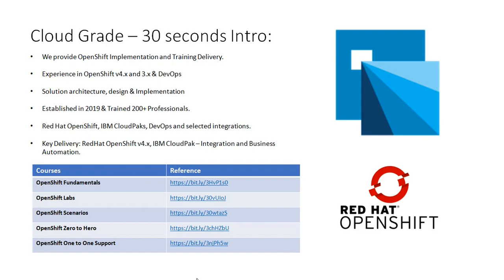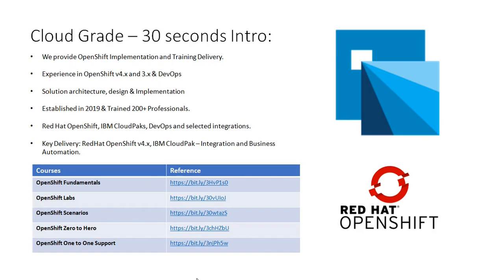We have created a few popular courses on OpenShift that include OpenShift Zero to Hero, OpenShift Fundamentals, and OpenShift Hands-on Labs. We also provide one-to-one technical support for individuals and production support for companies. Please feel free to reach us with your requirements and we are happy to support you.